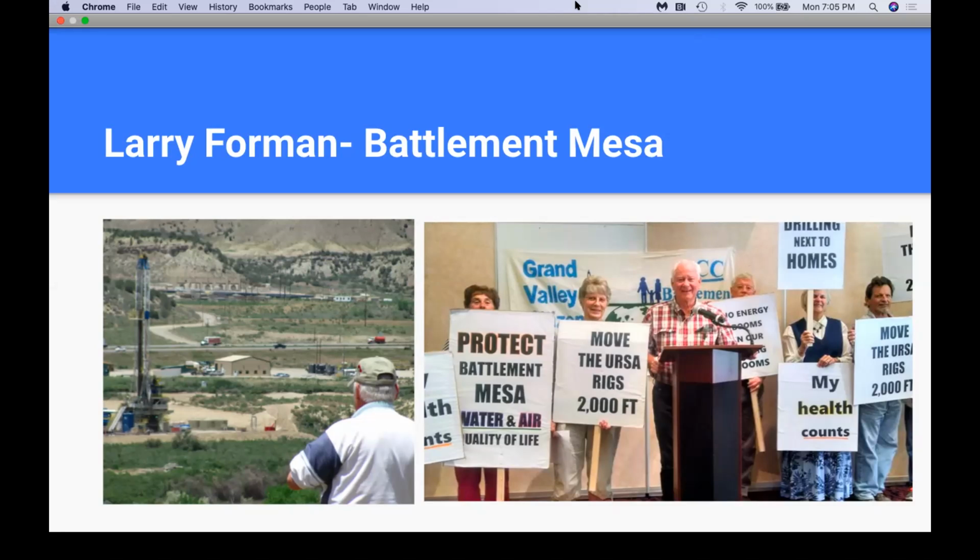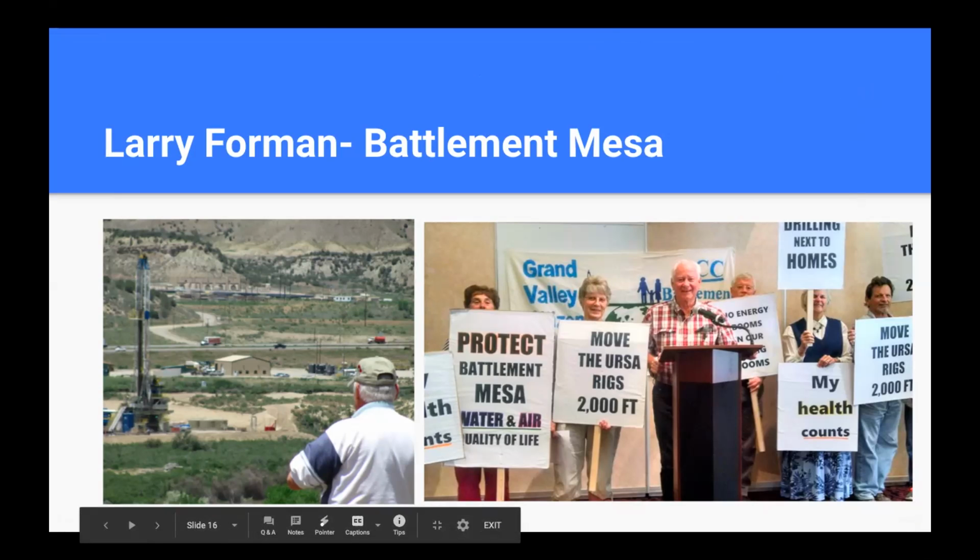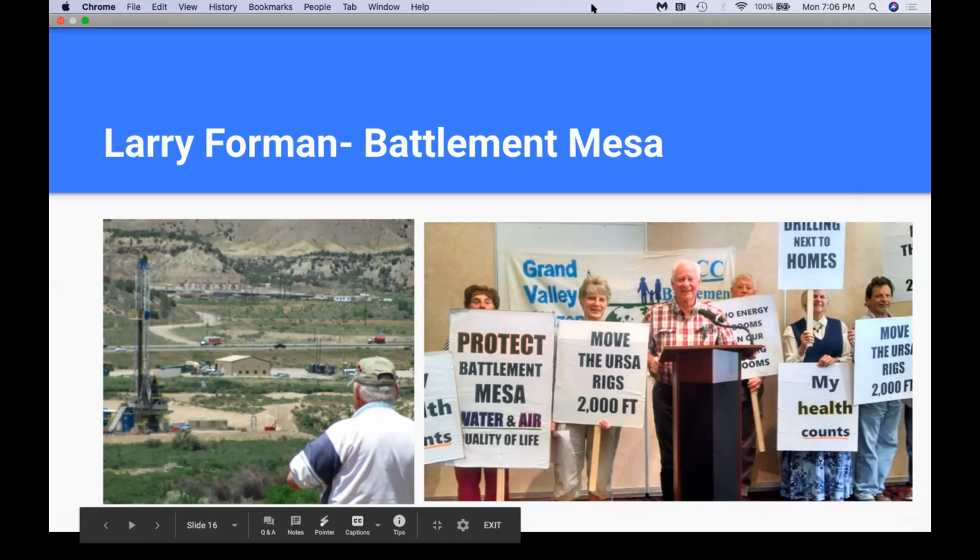There was another pad planned, it's called Pad A, and it was on the other side of the water treatment plant, about 600 feet from the freshwater reservoir that we have. And Pad A was not approved because Battlement Concerned Citizens sued the Colorado Oil and Gas Commission, and the lawsuit delayed things.